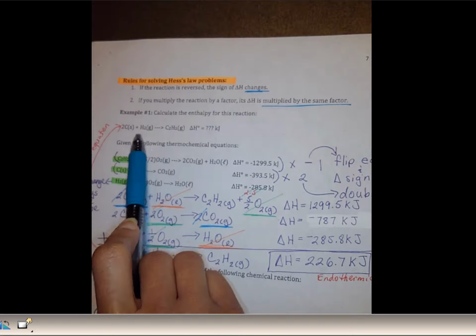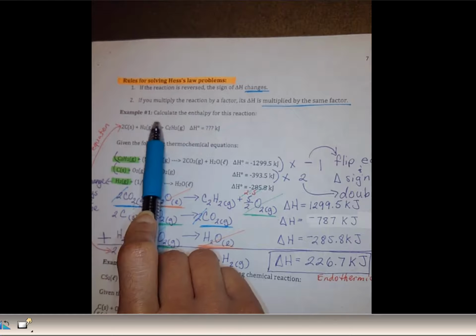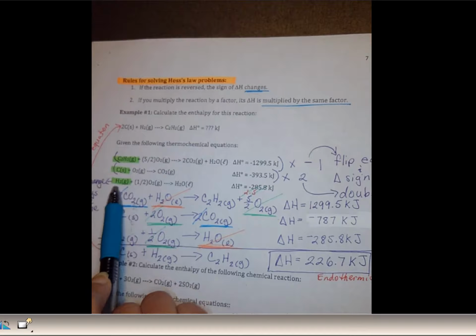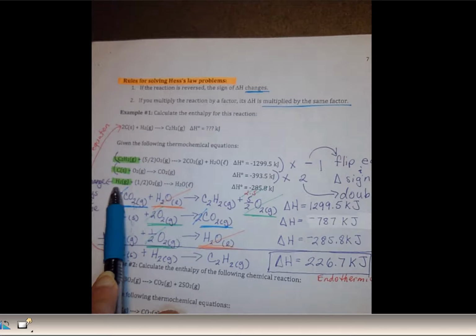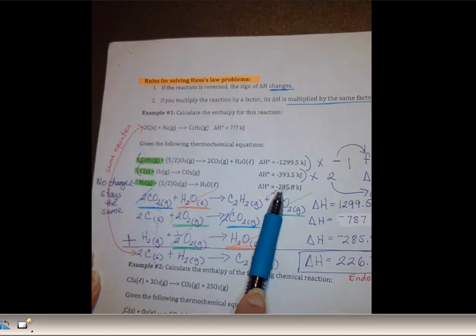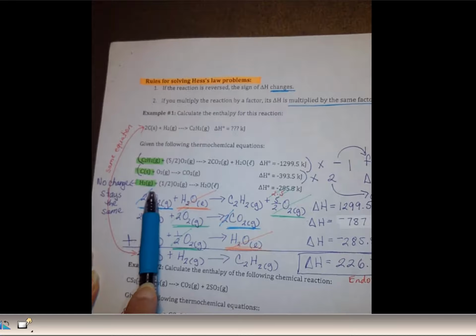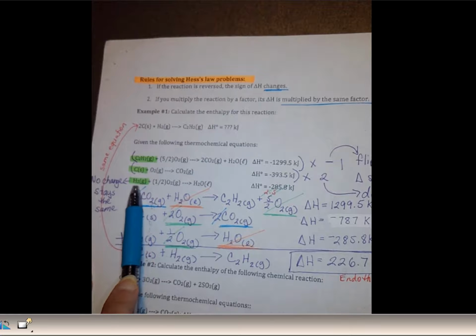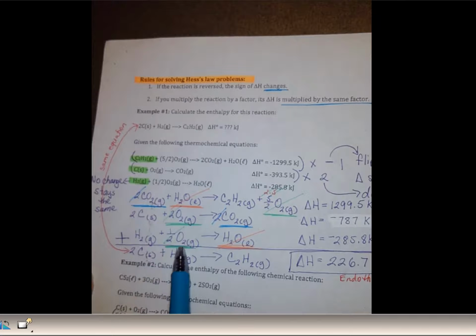The number of moles is the exact same, and the compounds are on the exact same side of the arrow, which is the reactant side. So we're going to keep this as it is. There is no change. So in this equation we have 1 mole of hydrogen gas, half a mole of oxygen gas, which produces 1 mole of liquid water.